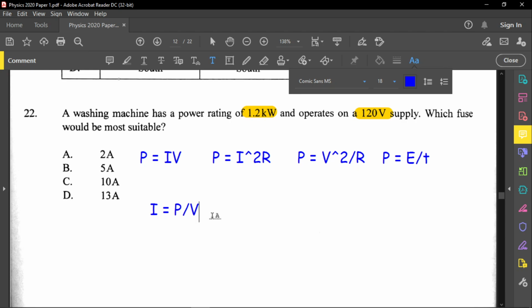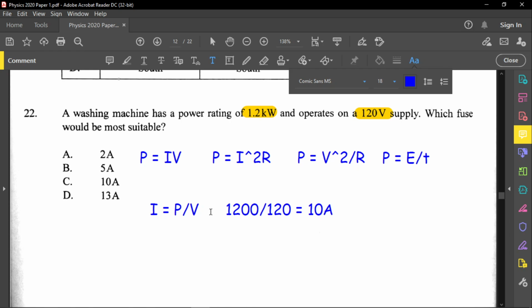And so this equals power, which is 1.2 kilowatt, but we need to calculate our power in watts. So it will be 1,200 watts divided by 120 volts. And so here we'll have 10 amperes.